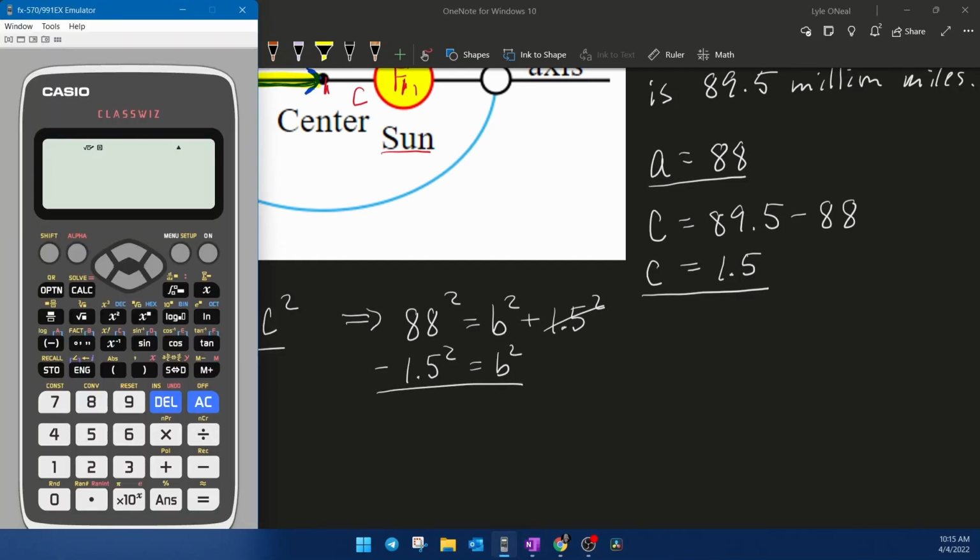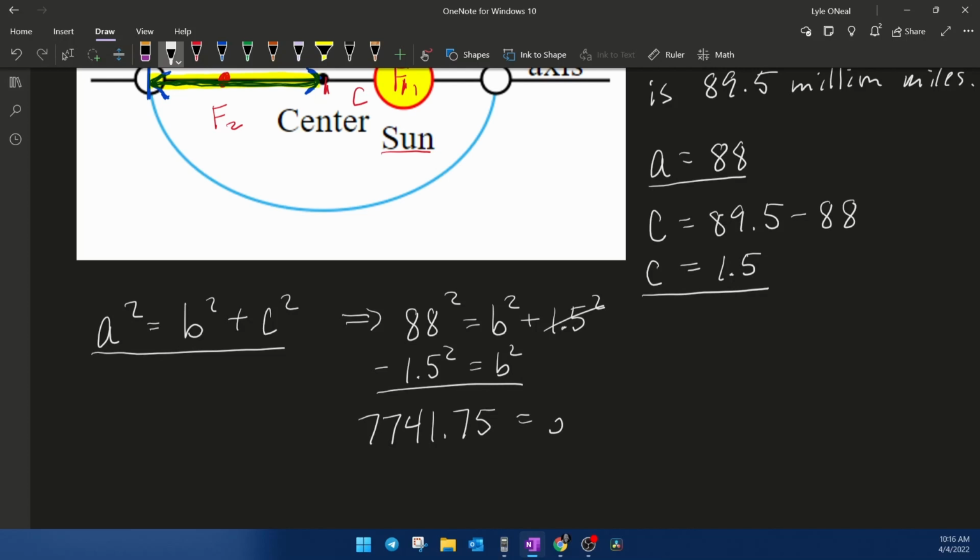And to do that, we're going to use our handy dandy calculator. 88 squared minus 1.5 squared is, as a decimal, 7,741.75. And that is b squared, which is one of the components of the equation we're going to need.